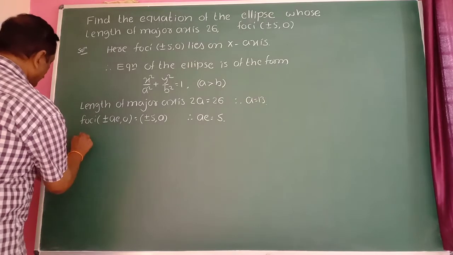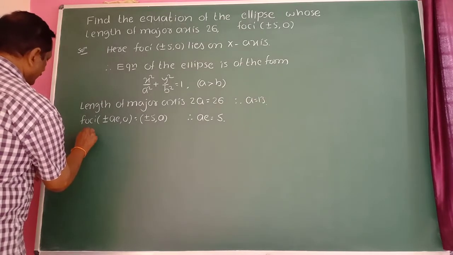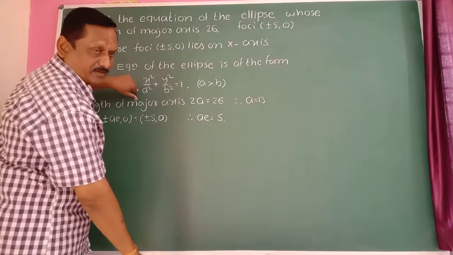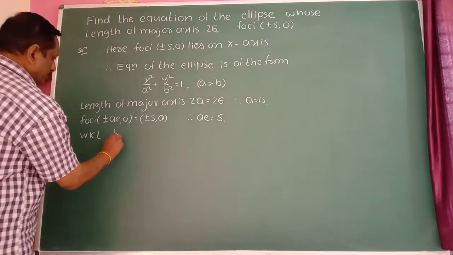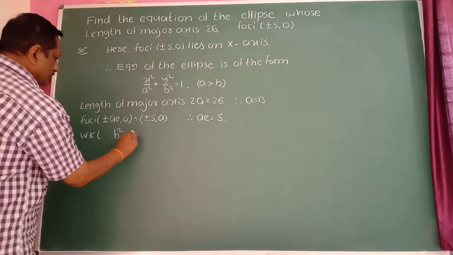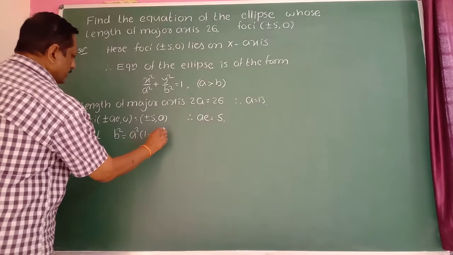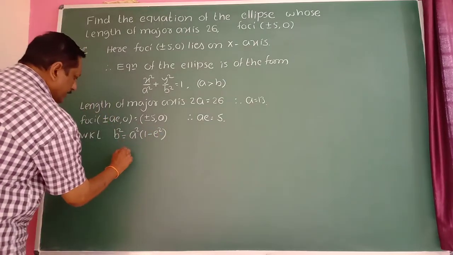Then we know that for this ellipse, b square is equal to a square into 1 minus e square. Take a square inside the bracket here.